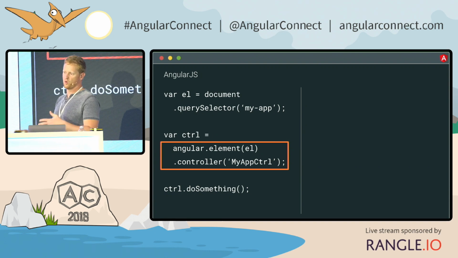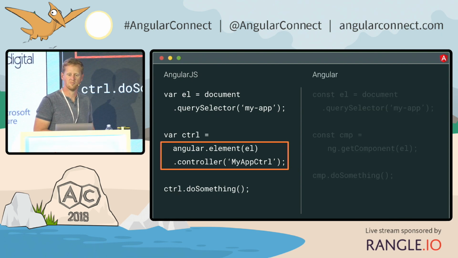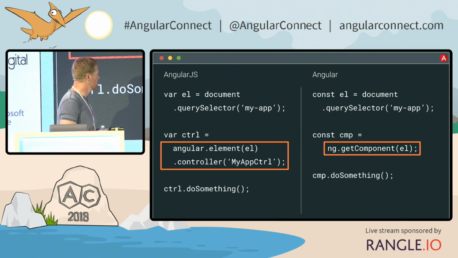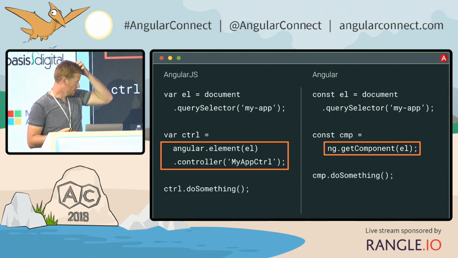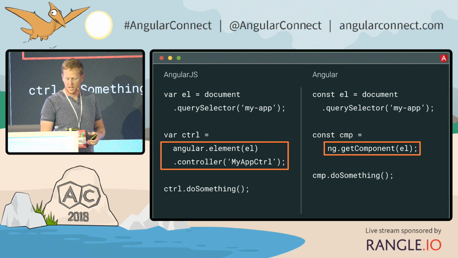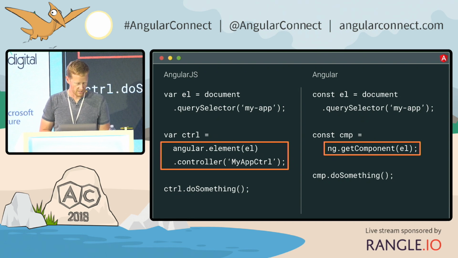And we don't really have an equivalent for that in Angular today. Well, today we do. There's a new API published on window called ng, and you can do things like get component, get directive, get the injector, etc. So we'll take a look at some of that stuff.